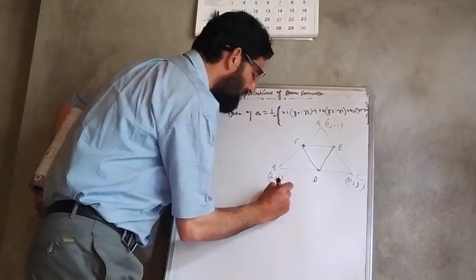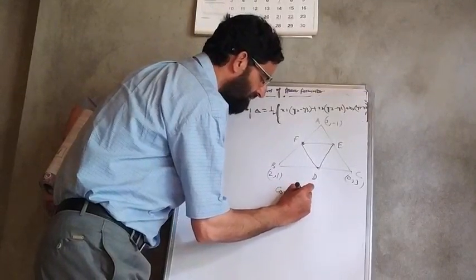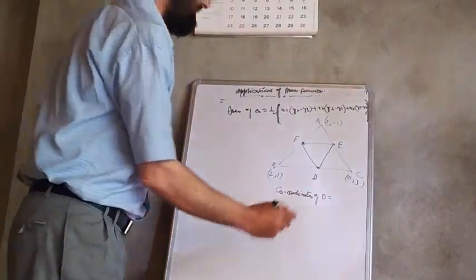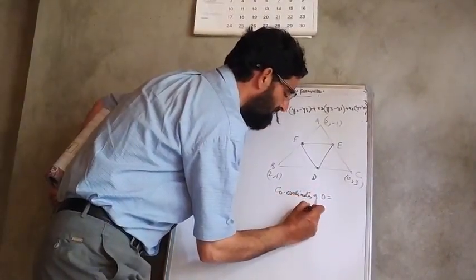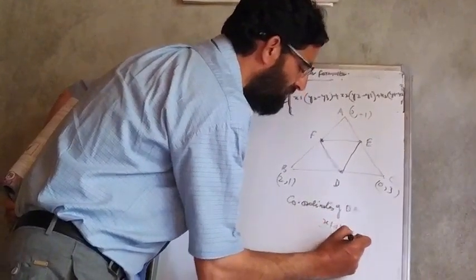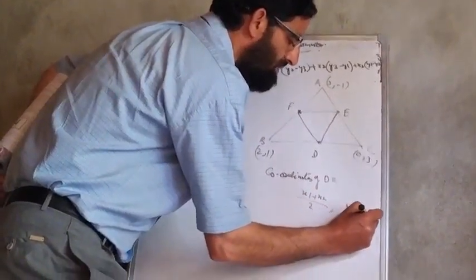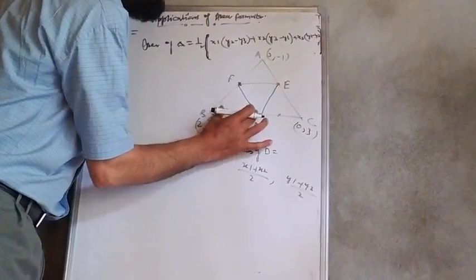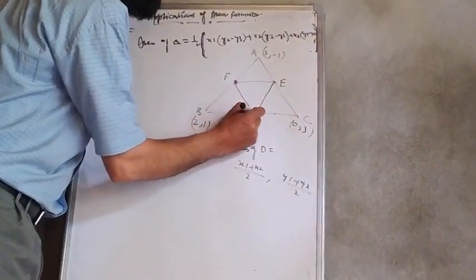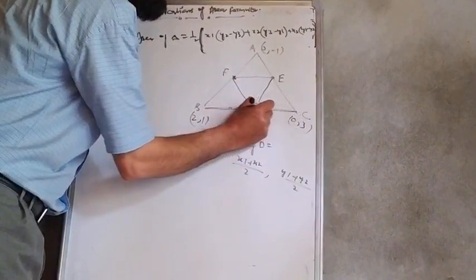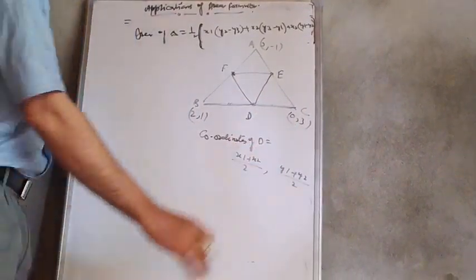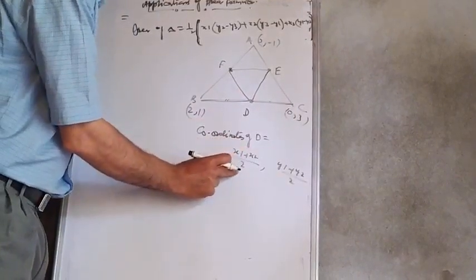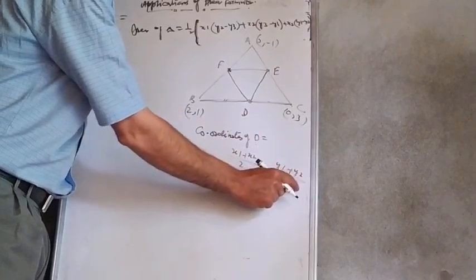So coordinates of point D, when we apply the section formula, x1 plus x2 by 2 and the y coordinate is y1 plus y2 by 2. Since the two parts are equal, as we have discussed earlier, the coordinates of this midpoint are given by x1 plus x2 divided by 2, and y1 plus y2 divided by 2.